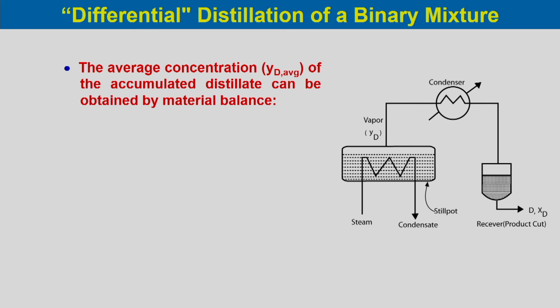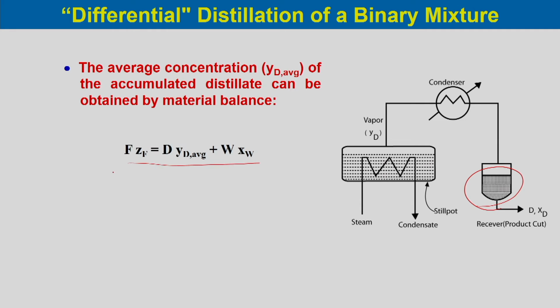So, the average concentration coming over here with respect to time is YD average of the accumulated distillate, and that can be obtained through the material balance, which is F ZF would be equal to D YD average plus W XW.